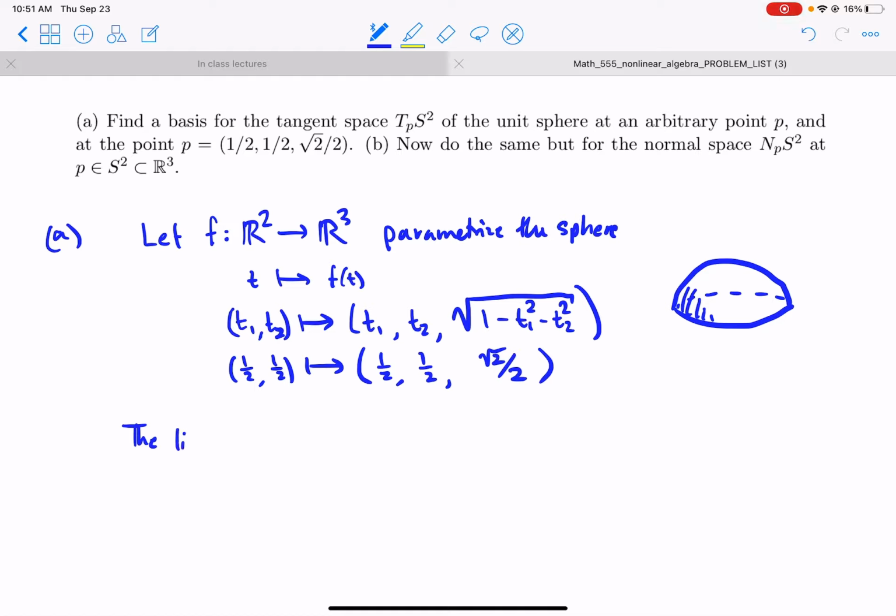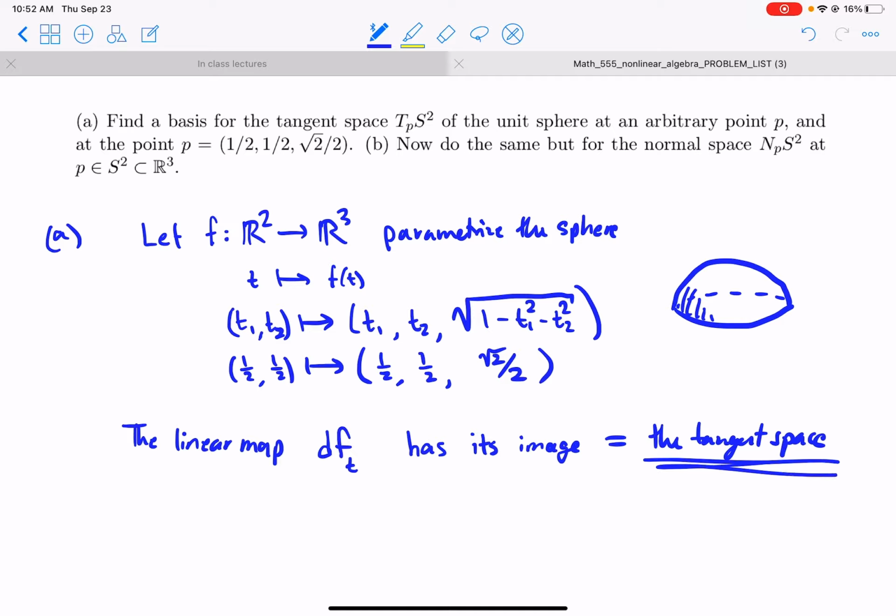the linear map df, the derivative of f at the point t, has its image equal to the tangent space. I mean, maybe I should have said this the opposite way.